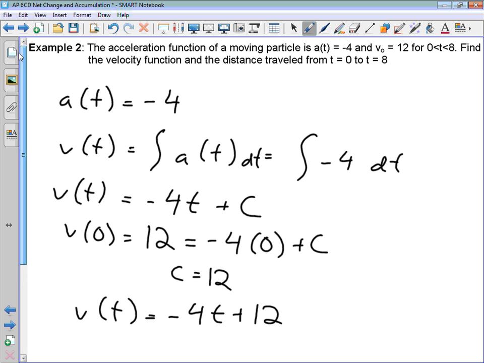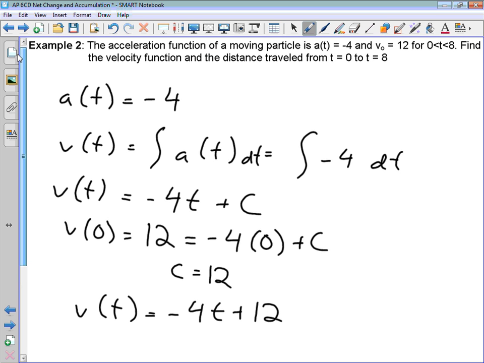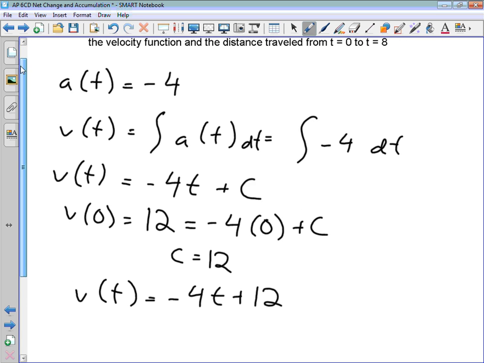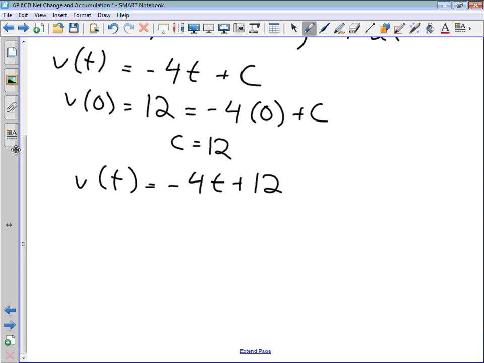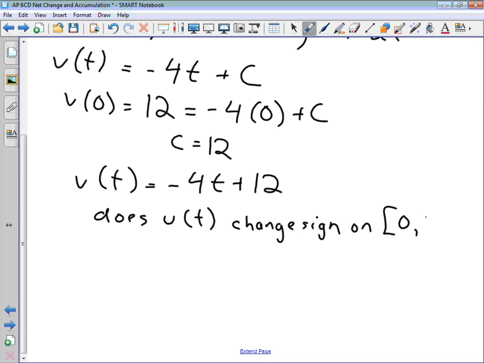They want us to find the distance traveled from t equals 0 to t equals 8. Okay. So we first have to figure out, does this thing change sign over our interval, I'll say the closed interval 0 to 8? Question mark. And if so, where?